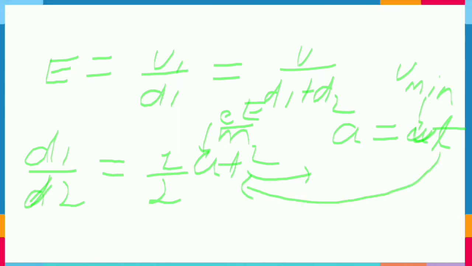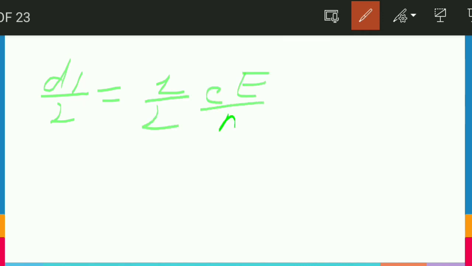So friends, let's move to the next slide. And simply, friends, from this we can write d1 upon 2 equals half acceleration, we know, E upon m into t square. It will be equal to how much? a square upon v minimum whole square.